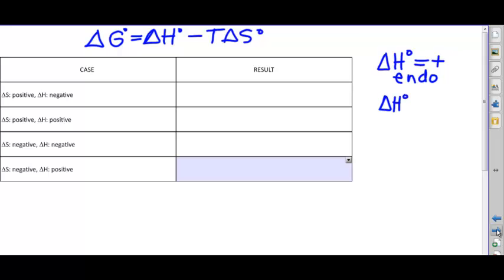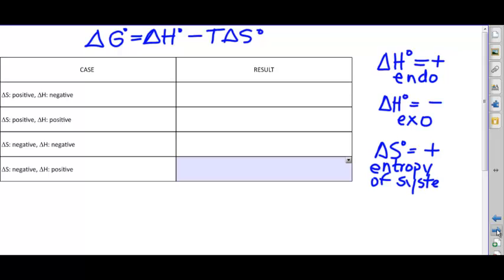If delta H is negative, the reaction's exo. If delta S is positive, that means the entropy of the system increases. This is all with respect to the system. And if delta S is negative, the entropy of the system decreases.